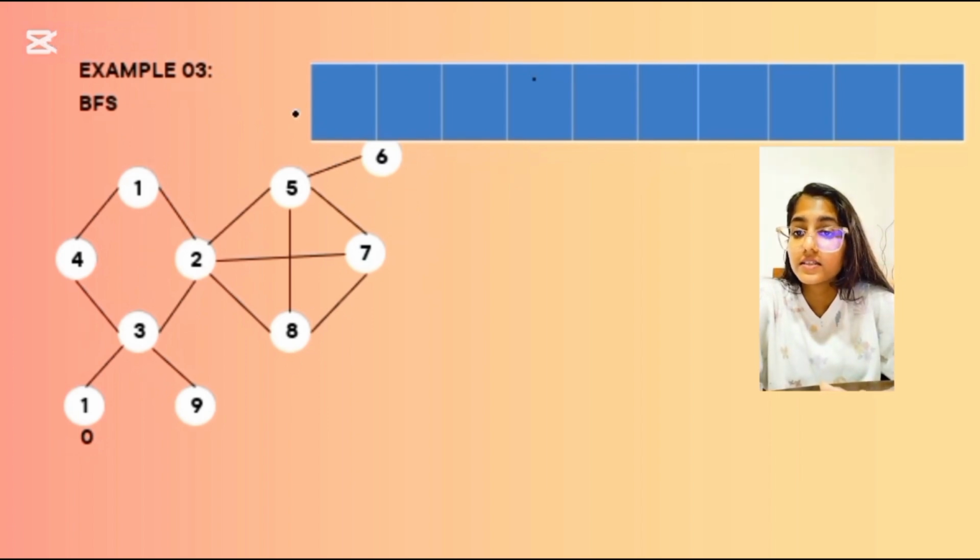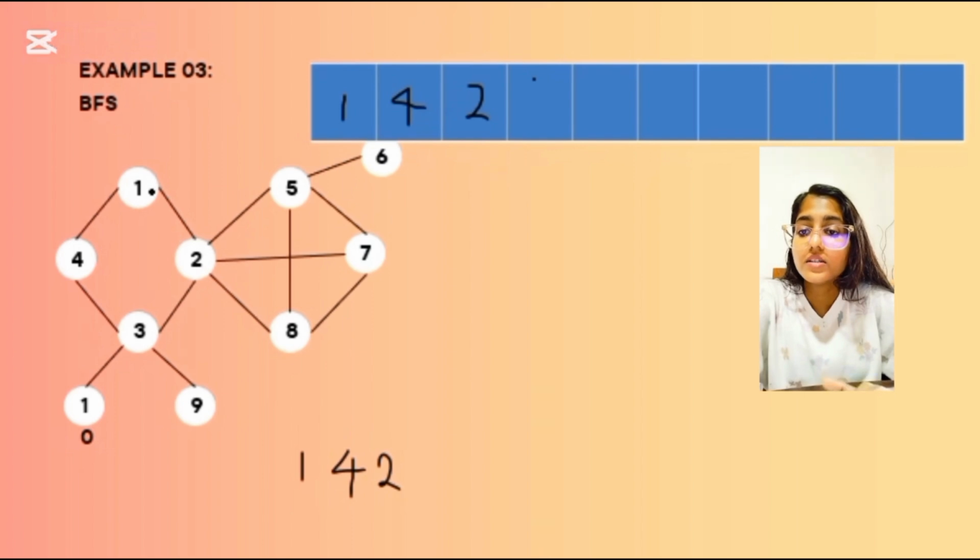So I'll select 1 as the first vertex, so I write 1 here, and also I write 1 here also. Then you must explore 1. The adjacent vertices of 1 are 4 and 2, so you must write 4 and 2 in this queue, and also you must write 4 and 2 here.